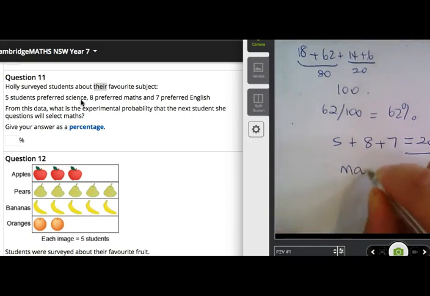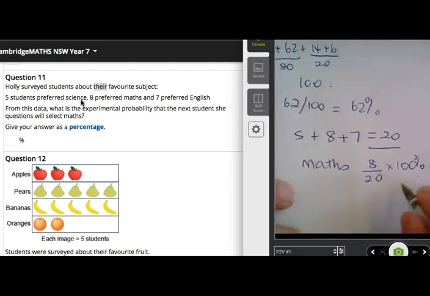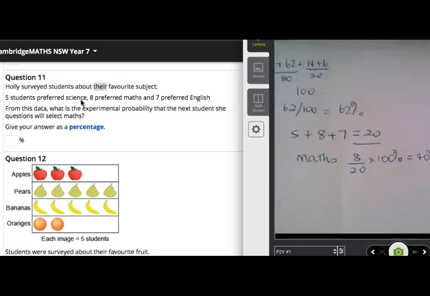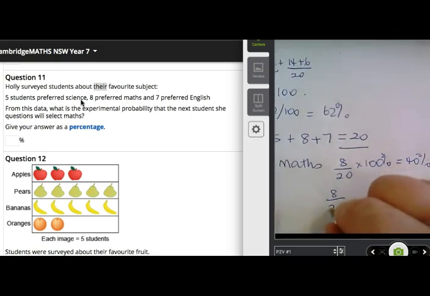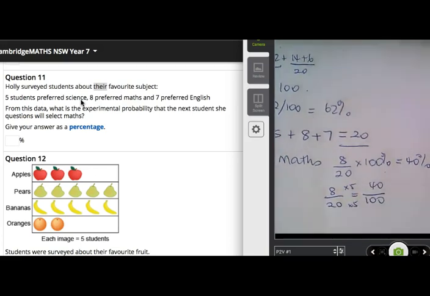Isn't maths how many out of how many? Maths is 8 out of 20. Now, to convert that to a percentage, you can times by 100%, and remember you've got a calculator, which gives 40%, or you could just go 8 out of 20 to get it out of 100, times 5 times 5. 40 out of 100 is also 40%.